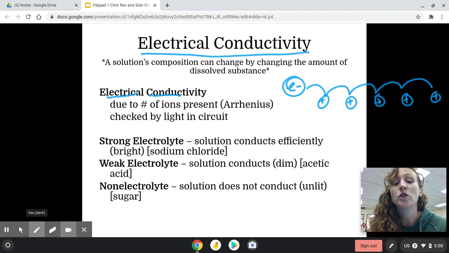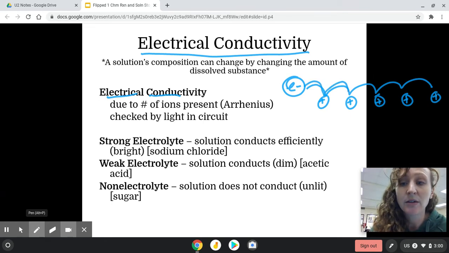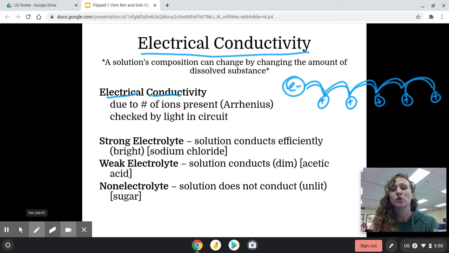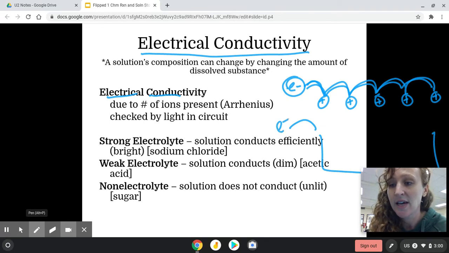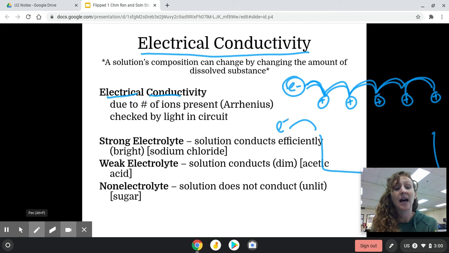If there's no charge inside the solution, the electrons have nothing to jump to and connect to, and cannot move through it. So if electrons can move through your solution, we say that the solution conducts electricity. If electrons cannot move through the solution, because there's nothing in it that can support these electrons, then we say the solution does not conduct electricity.